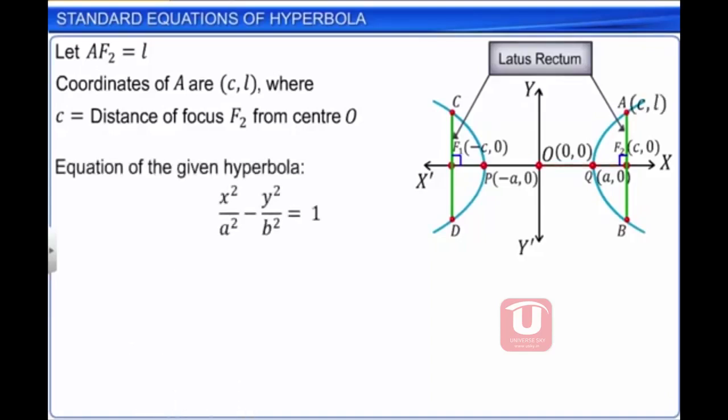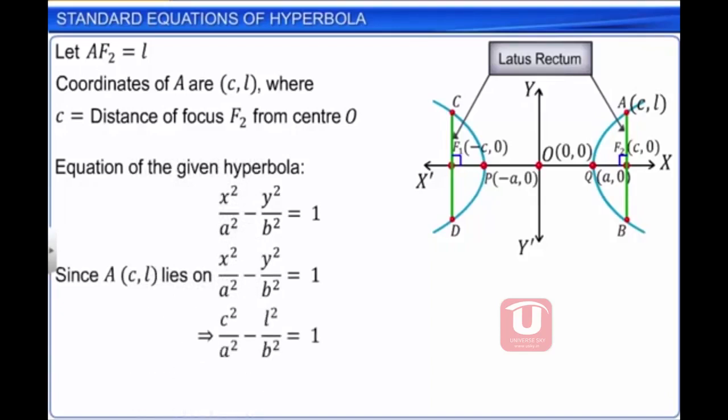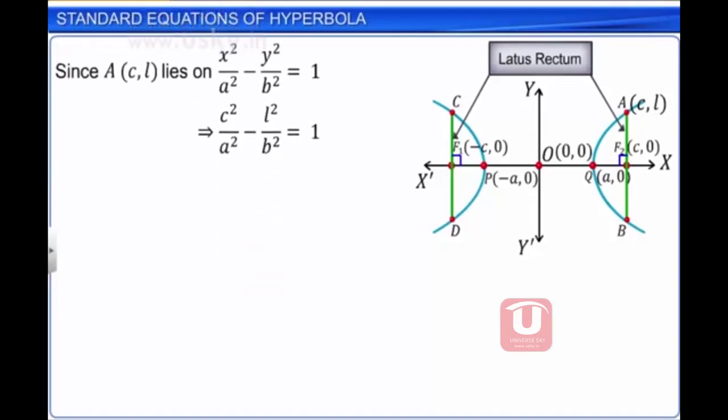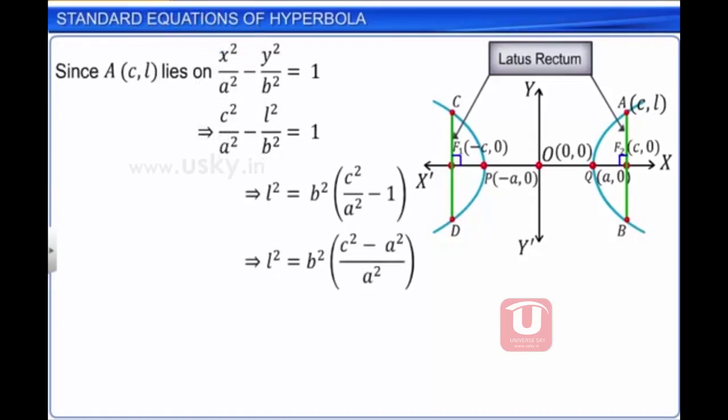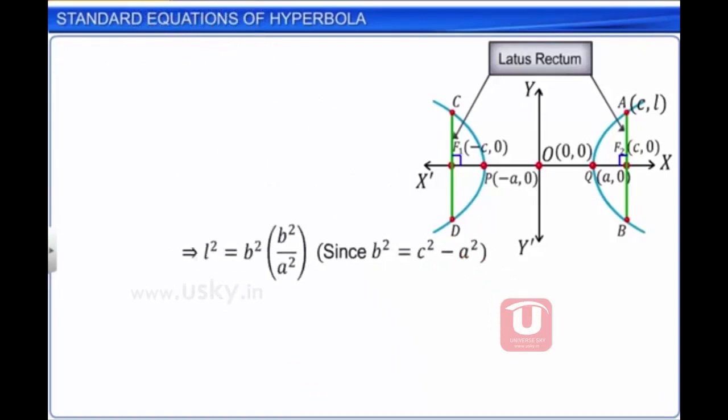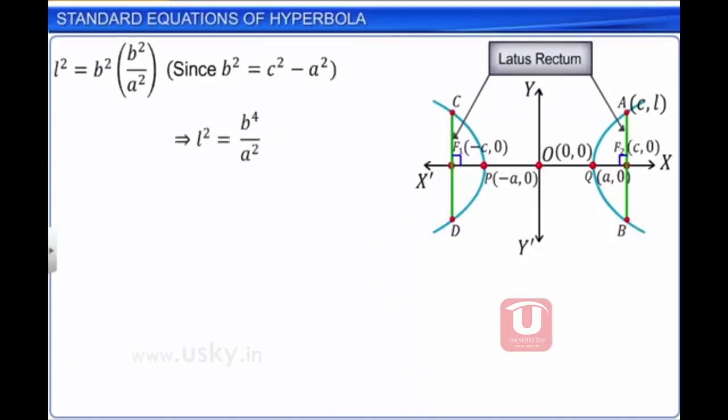Recall the standard equation of a hyperbola with its center at the origin and the transverse axis along the x-axis. Since point A lies on the hyperbola, its coordinates must satisfy the standard equation. Substituting the coordinates of point A in the standard equation of a hyperbola and simplifying, we get l is equal to b square upon a.